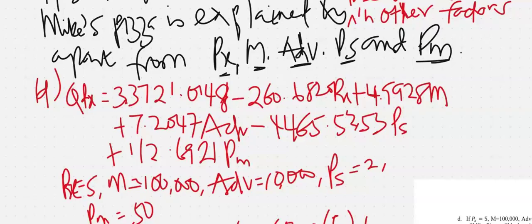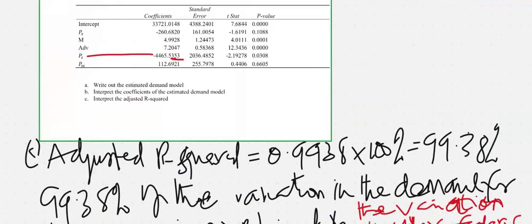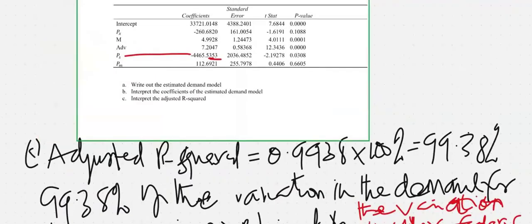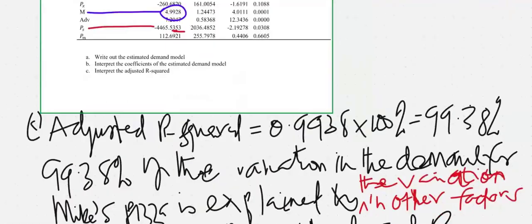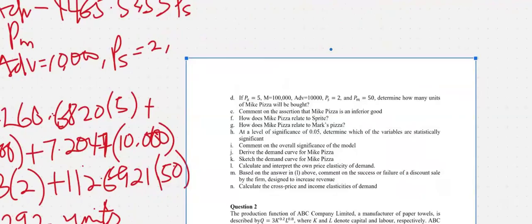This income will enable us to determine whether a good is inferior or not inferior. The question says, comment on the assertion that Mike's Pizza is an inferior good.